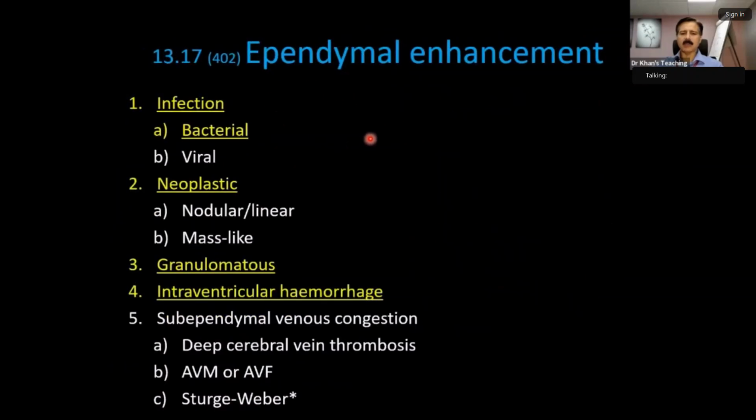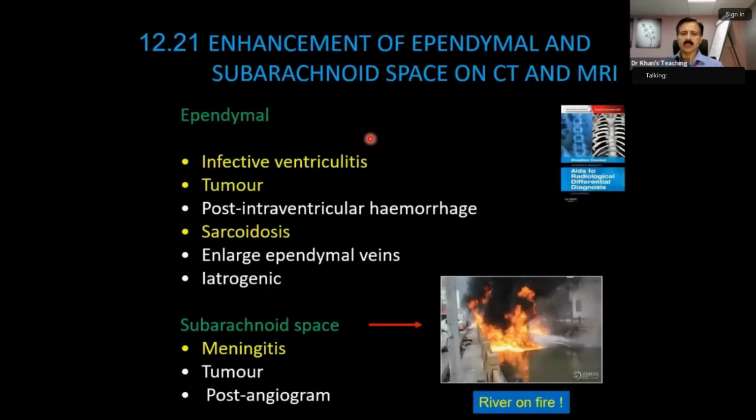And then there is ependymal enhancement. The ependymal lining can also enhance, and it is common sense that there might be infections there. This is from the previous edition of Chapman, enhancement of ependymal and subarachnoid space.